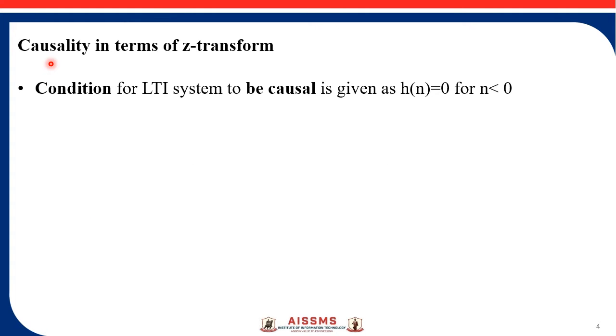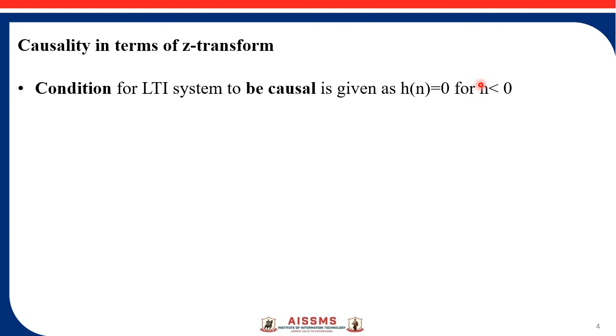Now let us learn the causality term. What do you mean by causal? The system is causal in terms of Z transform. The condition for a linear time invariant system to be causal in terms of impulse response is that h of n, the impulse response, is 0 for n less than 0.